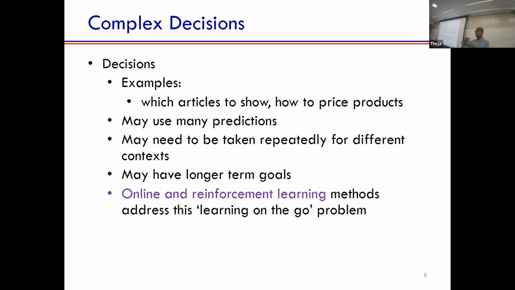Hopefully you build loyalty so that next time, even if you price high, people come. So there are long-term aspects to decisions as well. Online and reinforcement learning is a specific flavor of decision making which takes this learning-on-the-go problem, in the sense that there is a long-term aspect to the decisions I'm taking, and I can take decisions and also get feedback about how I did.